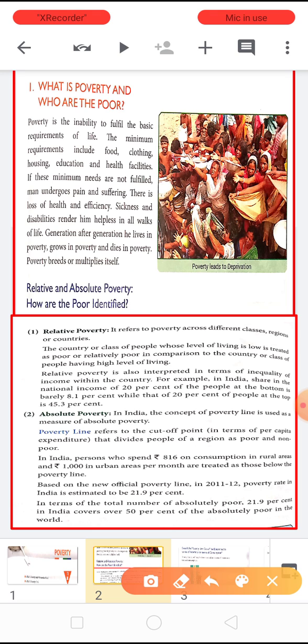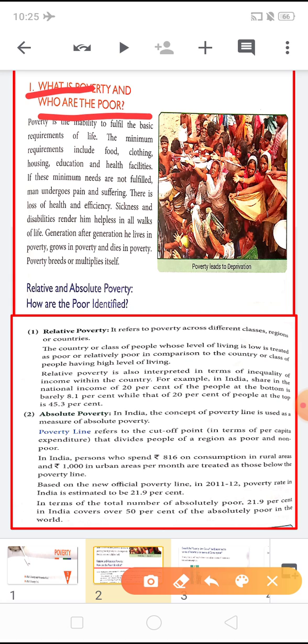So, children, what is poverty and who are poor? Children, poverty refers to a state in which an individual is unable to fulfill even the basic amenities of life. The minimum or the basic amenities of life include food, clothing, housing, education, and health facilities. In a country where a big mass of the population is deprived of even minimum amenities for a very long period, such a country suffers from a vicious circle of poverty.